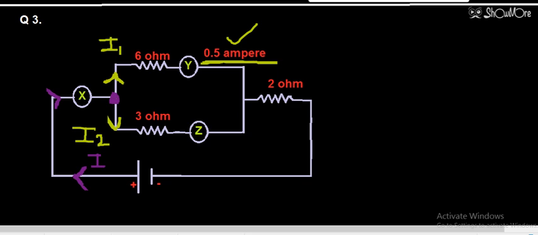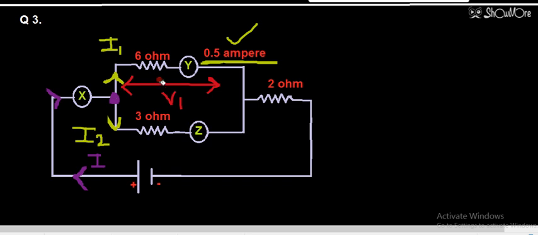Whenever two resistances are in series, they have the same current. So the same voltage drop across this 6 ohm and 3 ohm.